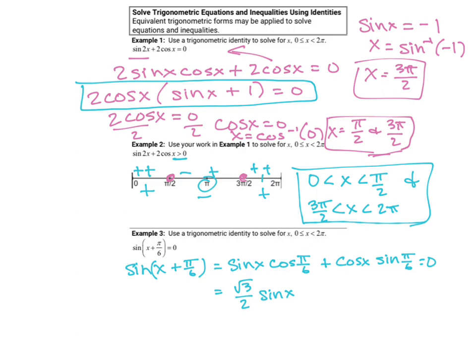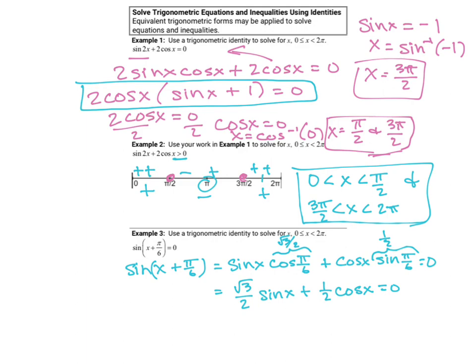We're saying that this cosine pi over 6 is square root 3 over 2. And then in the second half, we've got a sine of pi over 6. What can we call that? Half. So plus 1/2 cosine x equal to 0.